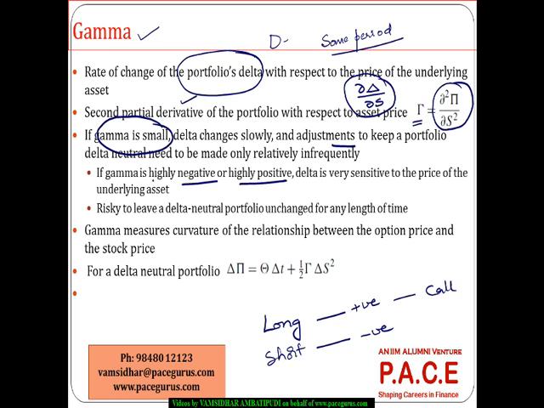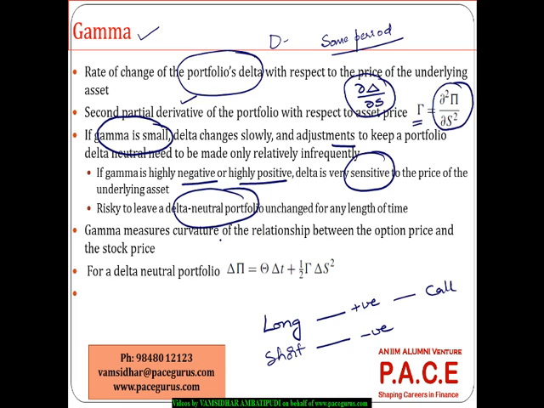So whenever we are seeing a high value, whether it is positive or negative, it means that the delta is going to change quite drastically. So if delta is changing very drastically, the portfolio rebalancing has to happen very heavily. So it is risky to leave a delta neutral portfolio unchanged for a long period of time if my gamma tends to be a very high value.